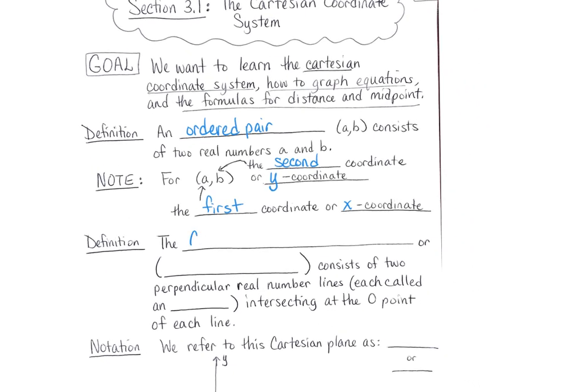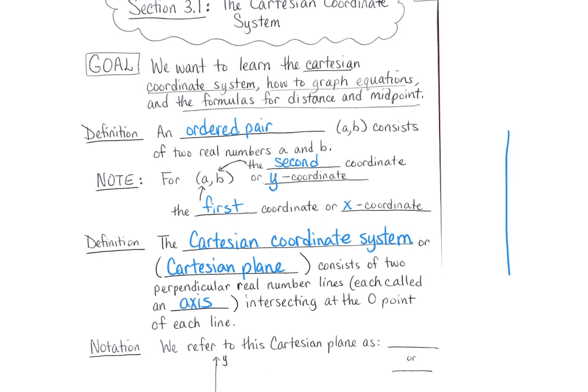The Cartesian coordinate system, or the Cartesian plane, which is probably what you heard of it as before, consists of two perpendicular real number lines, each called an axis, intersecting at the 0 point of each line.